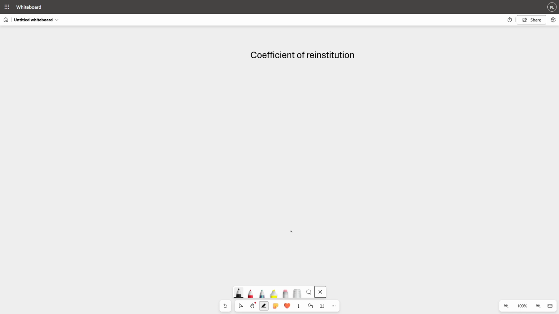So basically, the coefficient of restitution tells us the bounciness of an object. There are two variables involved here, the object and the surface.